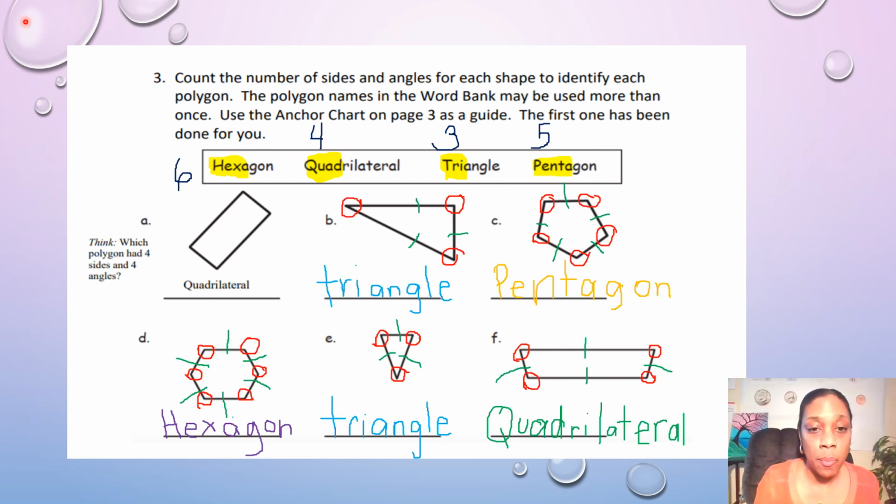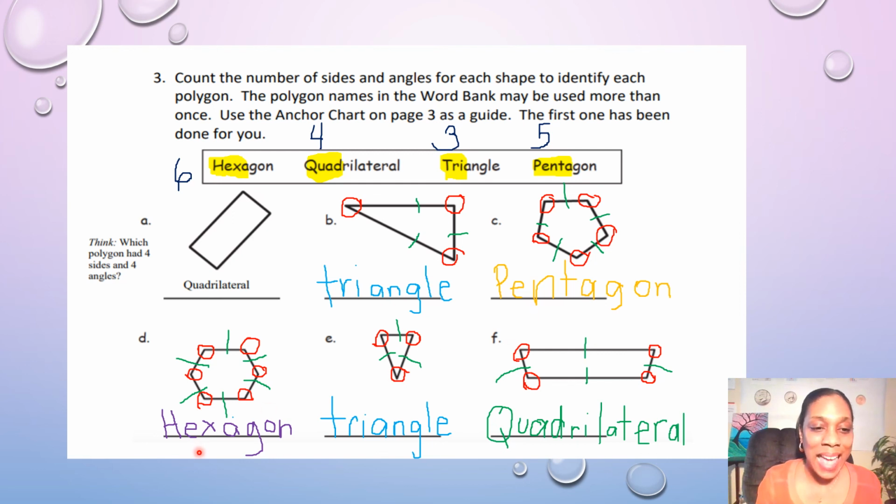Okay, so I've marked all of my angles with circles, and I put a little tick mark on each one of my sides. So I can see that B has 3 angles and 3 sides. Therefore, it's a triangle. When I went to C, after I counted the sides, I found out that I had 5 sides and 5 angles. Therefore, C is a pentagon.